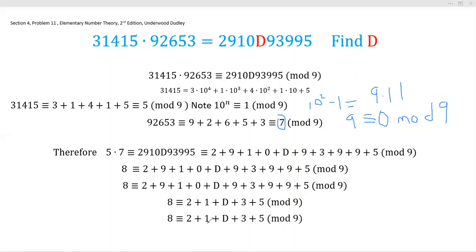One more time, you have 5 plus 3 plus 1, that's 9, which is congruent to 0. So what you get right here, folks, is actually 6 is congruent to D mod 9.